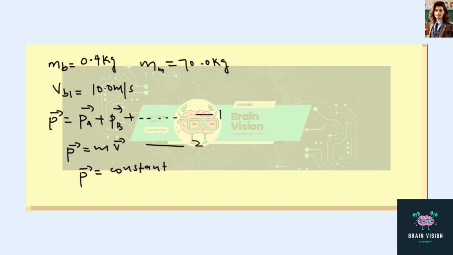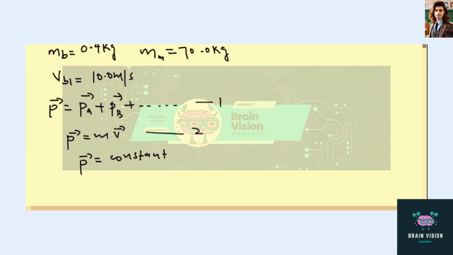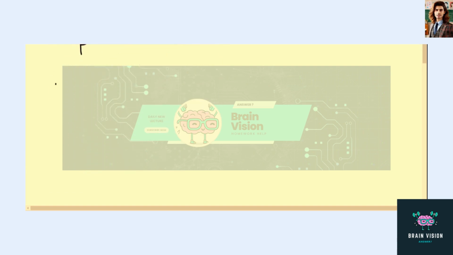So applying conservation of momentum, the momentum of the system before me catching the ball or the ball bouncing equals the momentum after. So P1 is equal to P2. Initial momentum is equal to final momentum P2. Let's call this equation number 3.